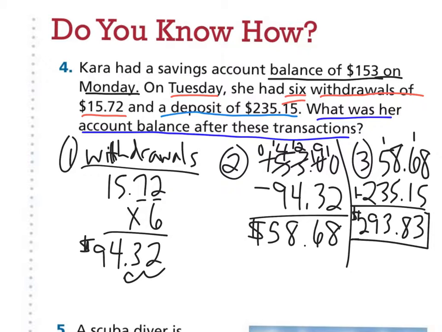So $235.15 minus $94.32. That would be showing us all together how much it changed by, which would actually be a positive number, and then you could add that to the $153. So several different options on how we could work this out and still get the correct answer.